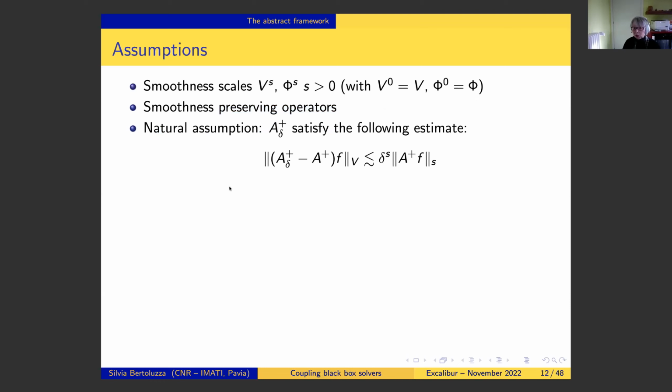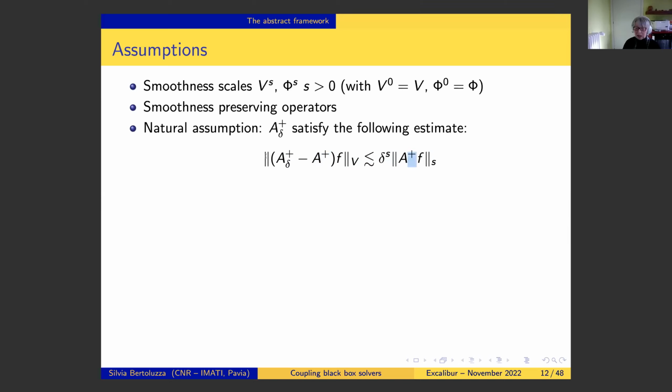Then a natural assumption for my black box solver is that if I know that the solution has some extra degree of smoothness, my approximate solution is a good approximation of my actual solution.